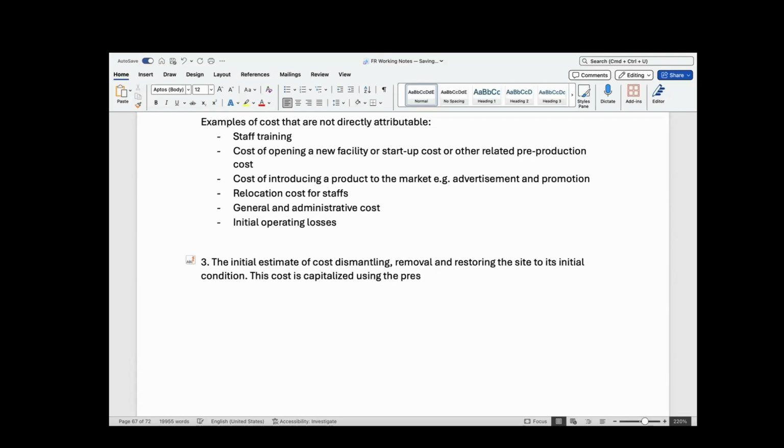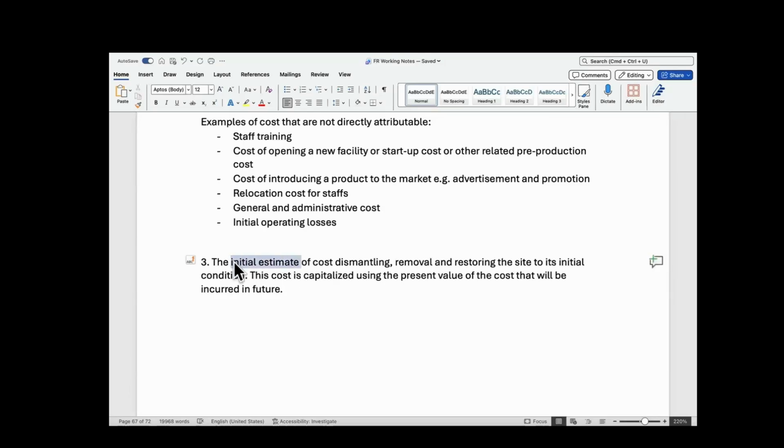using the present value of the costs that will be incurred in the future. You know that this is not a cost you incur now. It's a cost you will incur in the future. That's why it's an initial estimate.